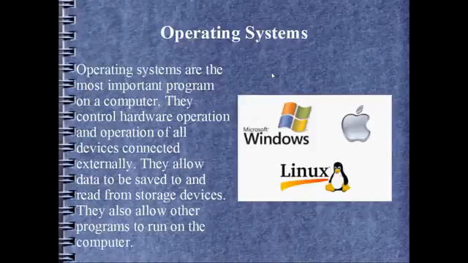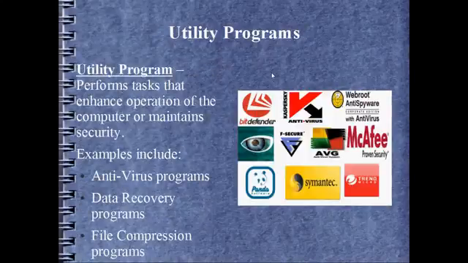Alright, now, operating systems are the most important software. They control everything. They control all the devices that are connected to the computer, all the hardware inside the computer, data, storage, all that. Okay, now, utility programs.